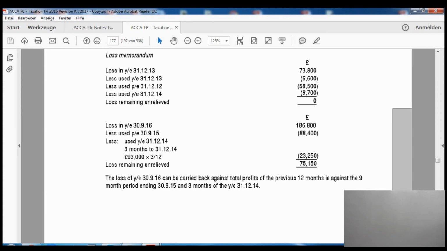Now because we can set off against the previous 12 months, if you remember, the first preference is against the current period, then the previous 12 months. Because the previous period was only 9 months, we had to take 3 months from the earlier period, which was in 2014. So the loss unrelieved will be 75,150, and it will be carried forward.